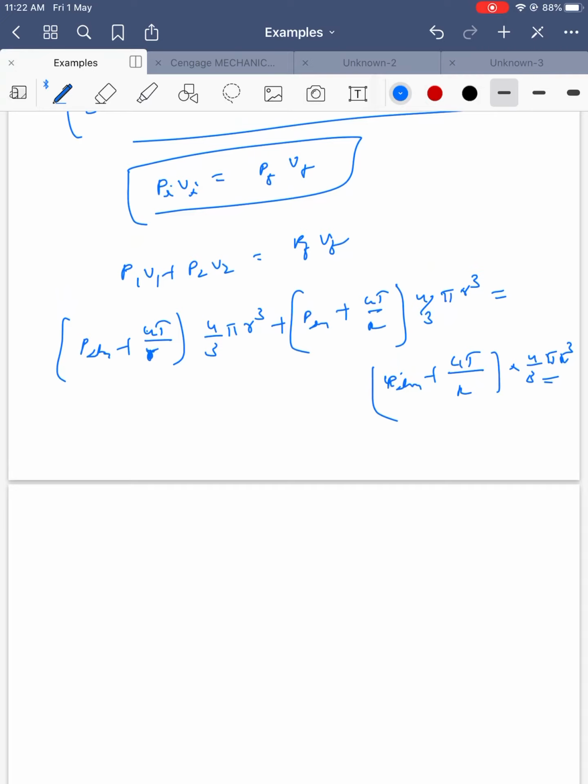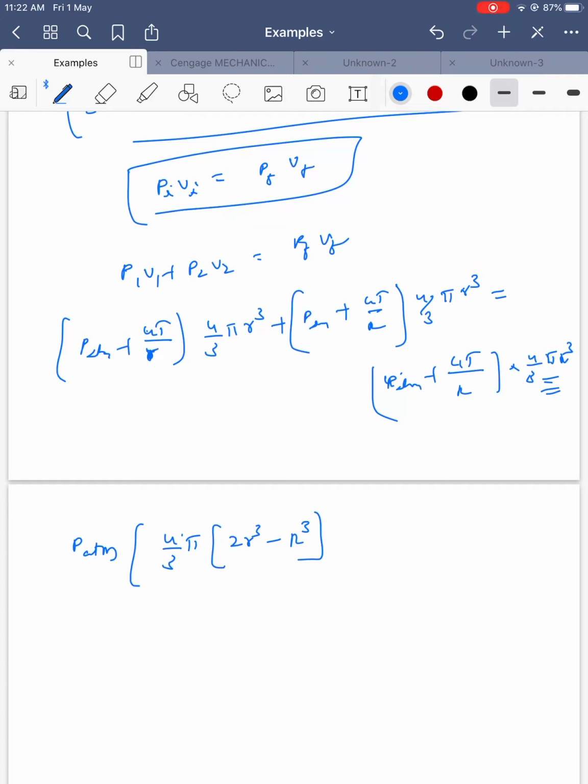So let's send the other part to the other side. P atmosphere, 4 by 3 pi, let's keep that as it is. Sending to the other side, P atmosphere 4 by 3 pi into capital R cube, so 2 small r cube minus capital R cube. Then 4T by R, where R square gets cancelled.